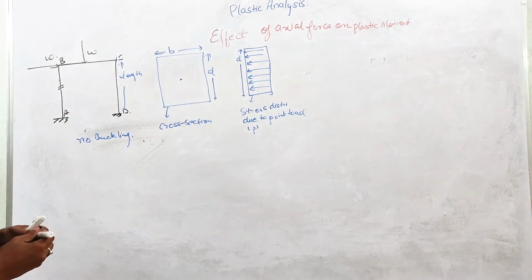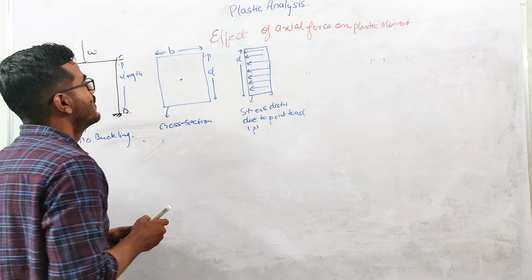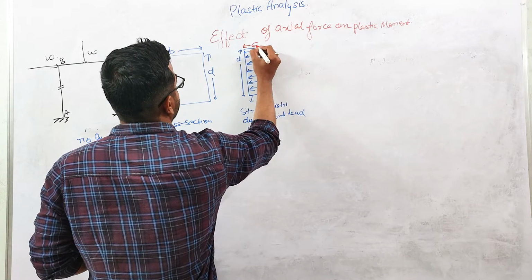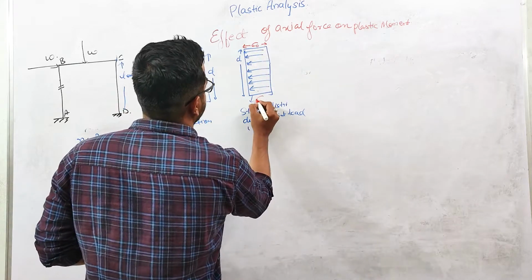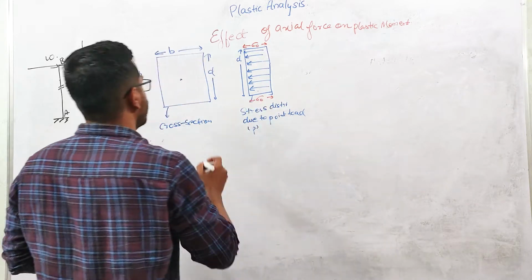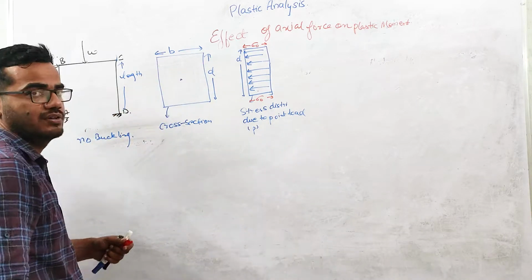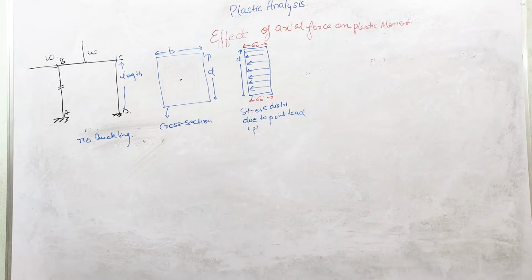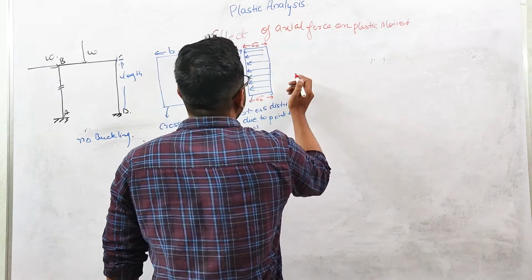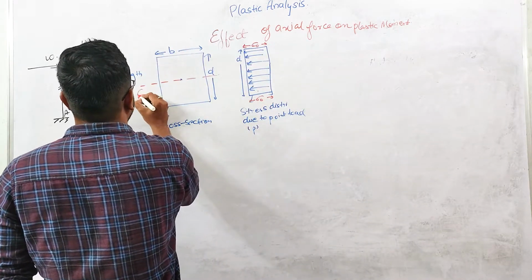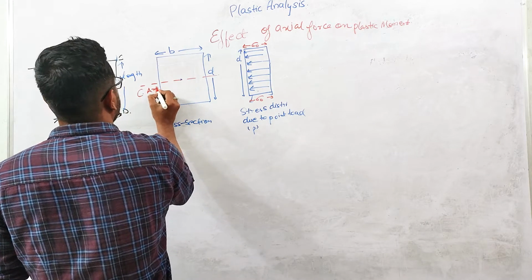Let us suppose the value of the stress is sigma naught. This P load is generating uniform stress sigma naught on this whole cross section. Now let us suppose this is our centroidal axis.